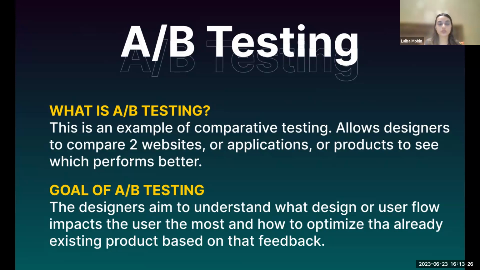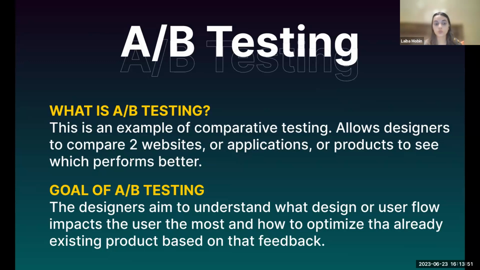A/B testing is simply you comparing a product with another product, right? You comparing, for example, a certain feature with another feature. You're comparing a certain application with another application. So this is comparative testing, and it allows designers to compare two websites, two applications, but it always has to be, kind of one or the other, right?